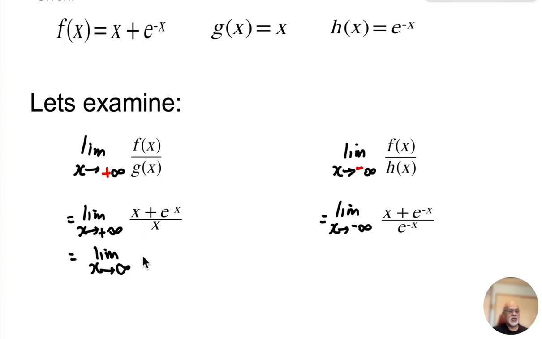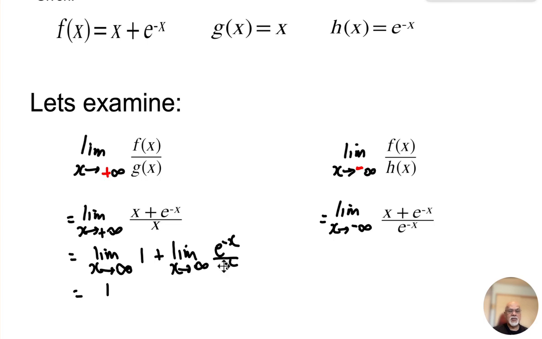x over x is just 1, plus the limit as x approaches infinity of e to the minus x over x. The limit of a constant as x approaches anything is just the constant. That's one of the limit properties. That's just like the line y equals 1. So it doesn't matter what x is approaching, y is always 1.